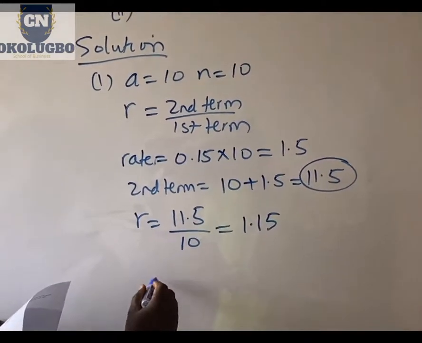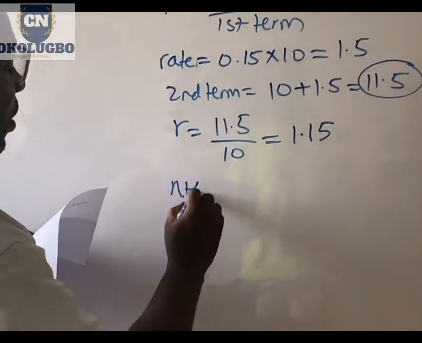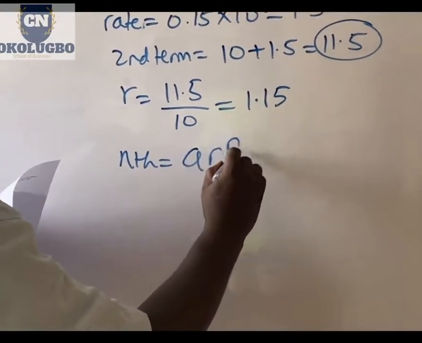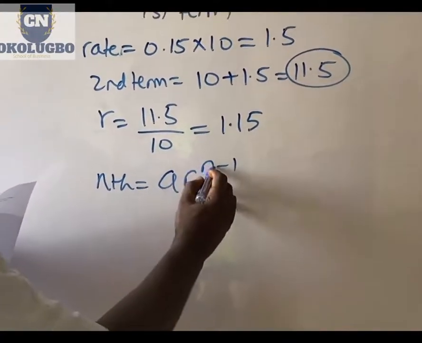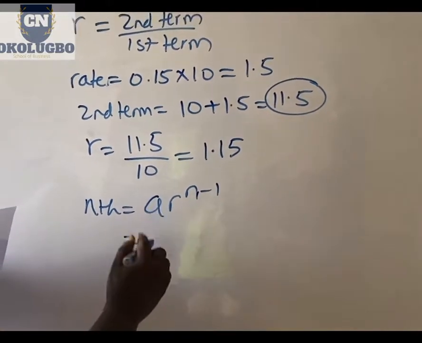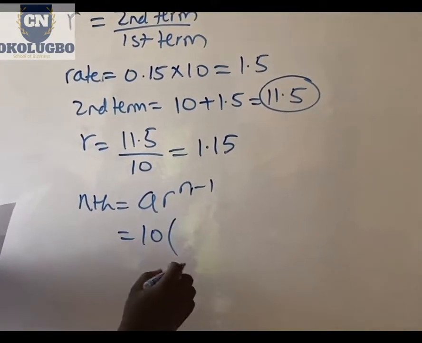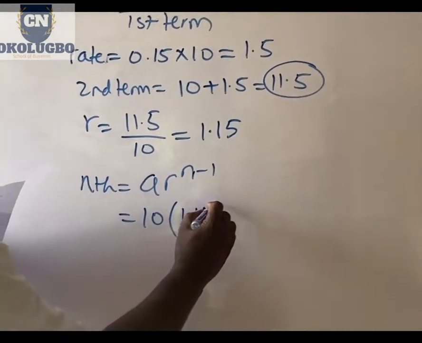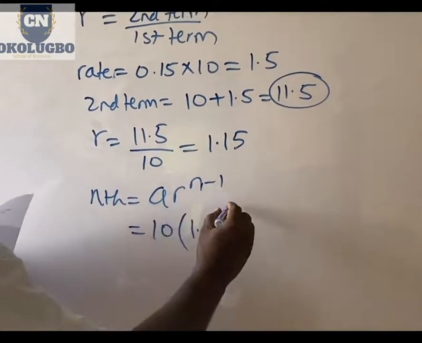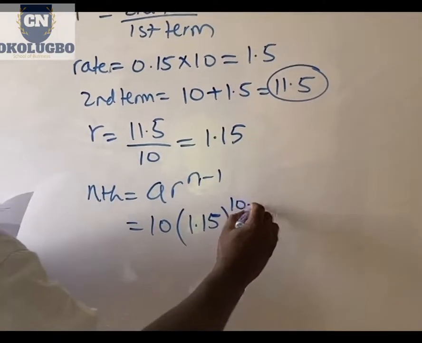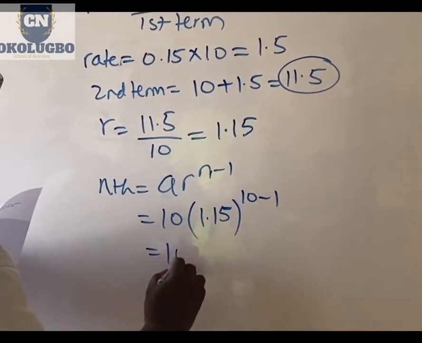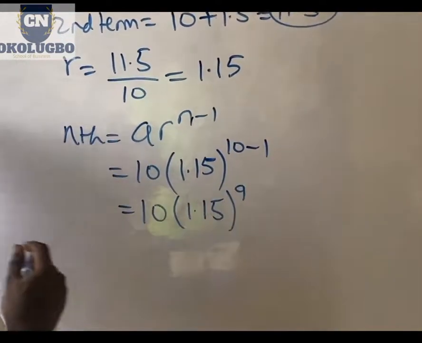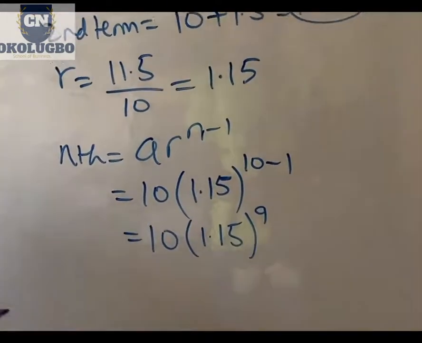So to calculate our nth term, in this case, we know that the nth term is A r raised to n minus 1. So let's calculate that. A is 10 naira, r is 1.15 raised to power 10 minus 1, which is 9. This will give us 10 into 1.15 raised to power 9.